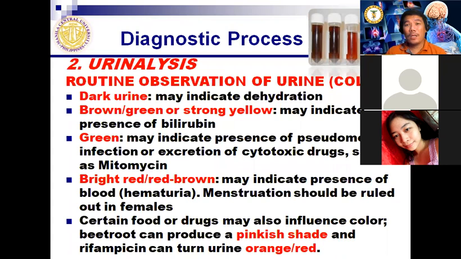These observations, objective data, can be supported with the results of the urinalysis. But eventually nurses can have an initial interpretation of this. Example, a client who may have dark urine is indicative of dehydration.